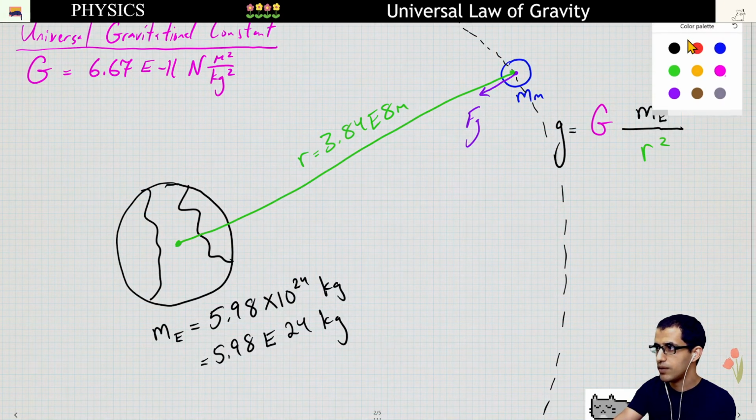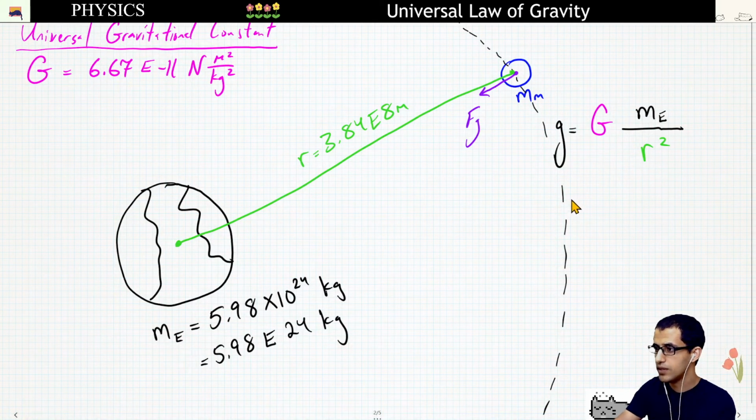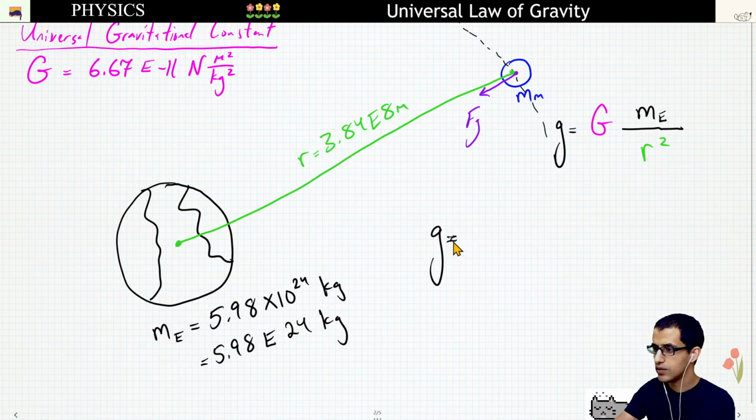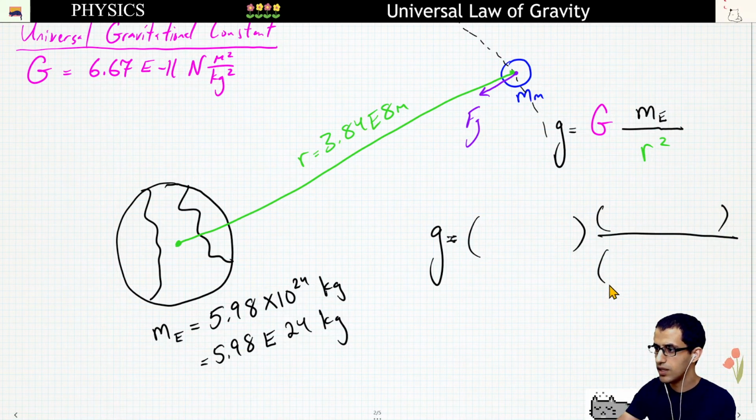And now when we plug in our values, G is going to be equal to the universal constant multiplied by the mass of the Earth. Actually, let me give myself some more space here. G is equal to, I can type G out here. The mass of the Earth goes here, and then the distance squared goes here.